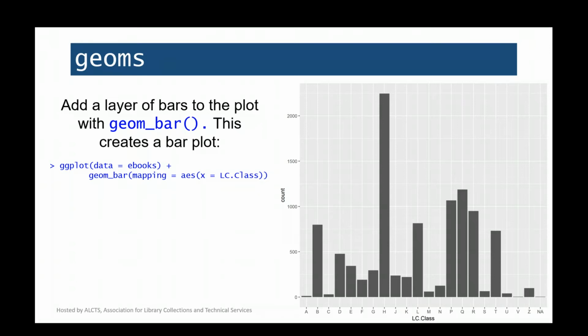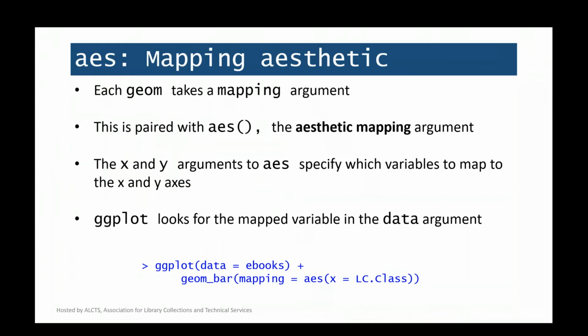And here we're looking at LC class, and it's a frequency distribution. So here's what I'll come back to this plot in a second after I describe what was inside that expression. Now this is going to be kind of complex and jargony, so I'm going to do my best to explain what it means.